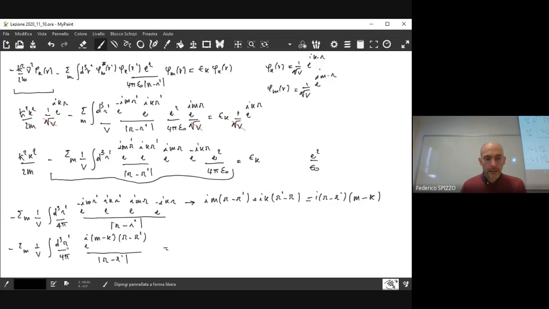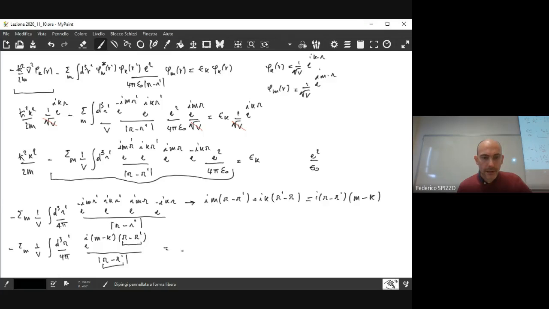Due to the fact that here we have an integral over r prime, if we just make a translation of the coordinate of integration, we may just replace r minus r prime with r prime. So now I just make this modification, translation over the variable of integration.